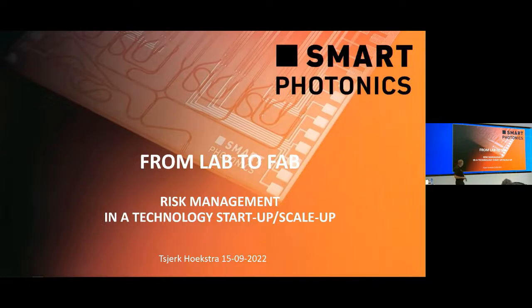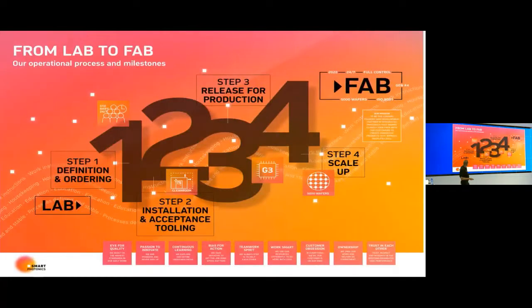How to do risk management in a technology scale-up, taking new technology and making that into volume production. So we are Smart Photonics. Our technology originated from Philips Research and the TU Eindhoven.